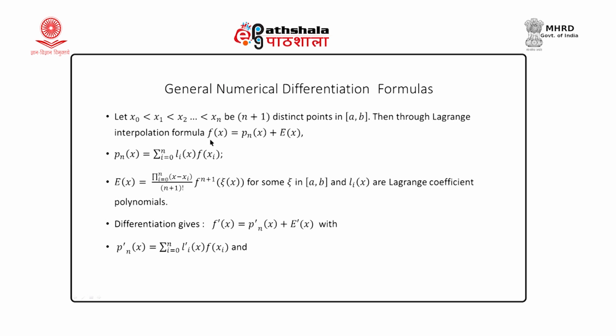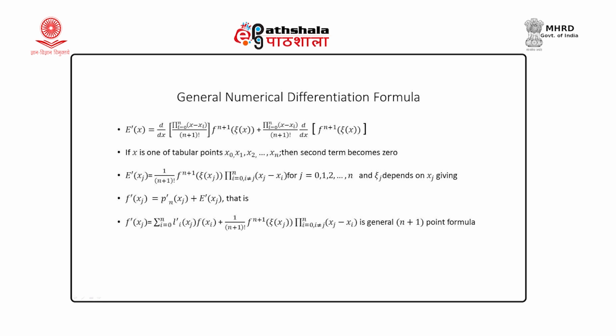If we differentiate f x equal to p n x plus E x with respect to x, we get f dash x equal to p n dash x plus E dash x. The derivative of p n x is a sum, and the derivative of a sum is the sum of the derivatives; f x i are constants. So, it is summation L i dash x into f x i. Now, let us look at E dash x.